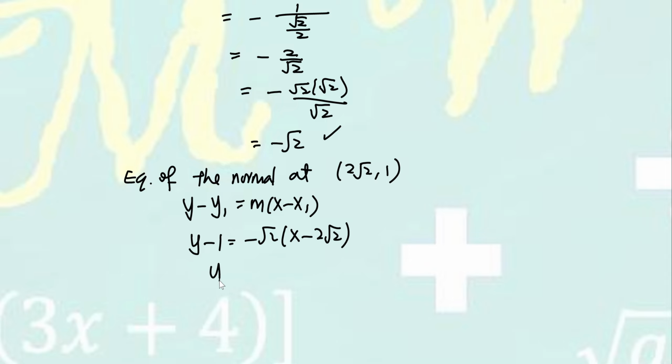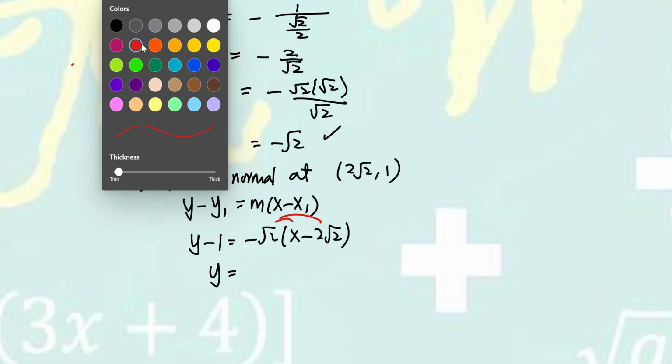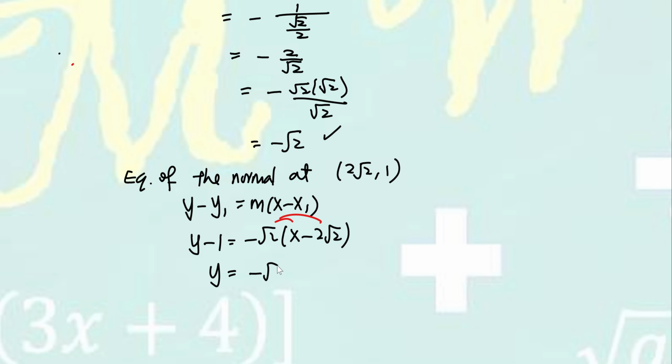Now do expansion for the right side. You will get minus root 2 x. Minus times minus is a plus, root 2 times root 2 is 2, 2 times 2 is 4. The minus 1 on the left hand side will be moved to the right side and becomes plus 1. So at last, y is negative root 2 x plus 5. That's all for the solution of this question.